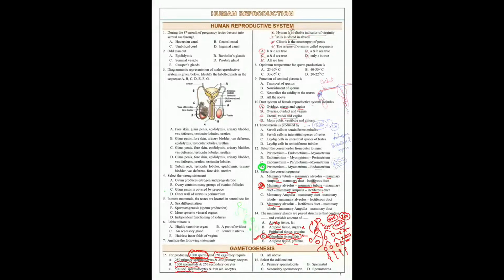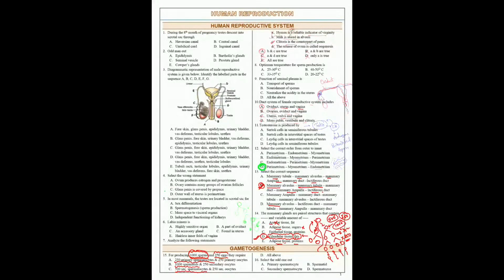Now, here 250 eggs, which means 250 secondary oocyte, or 250 definitive ovum. To produce 250 definitive ovum, we need 250 primary oocyte.